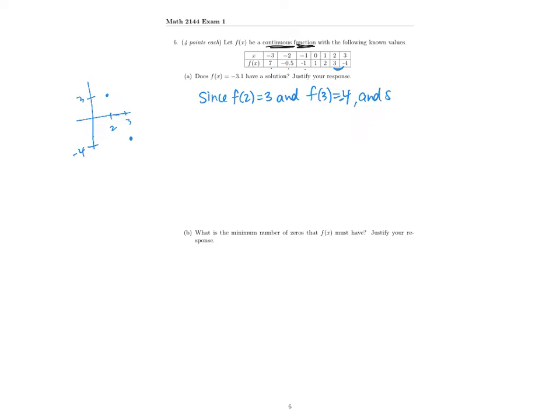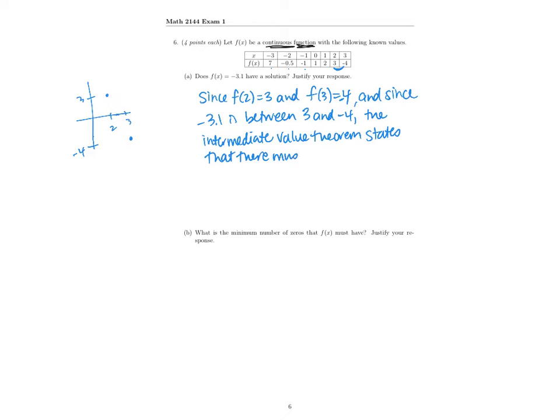And since negative 3.1 is between those y values, 3 and negative 4, the intermediate value theorem states that there must be an x value in the interval 2, 3.